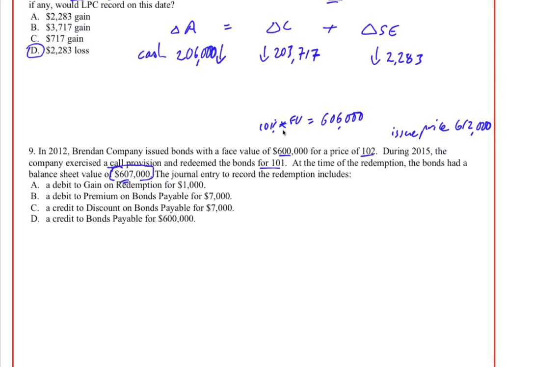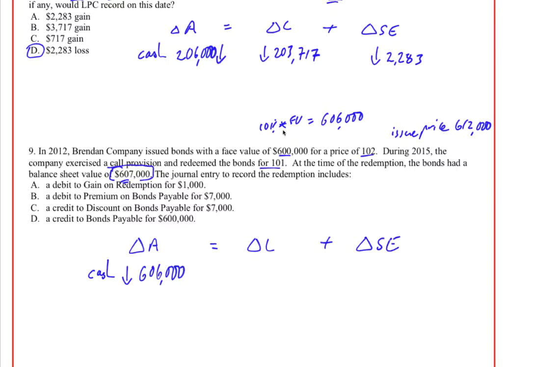What's the journal entry to record the bond redemption? Again, remember, change in assets is change in liabilities plus change in stockholders' equity, and so the gain or loss on redemption is the difference between the change in cash and the change in liabilities. Cash goes down by 606,000.